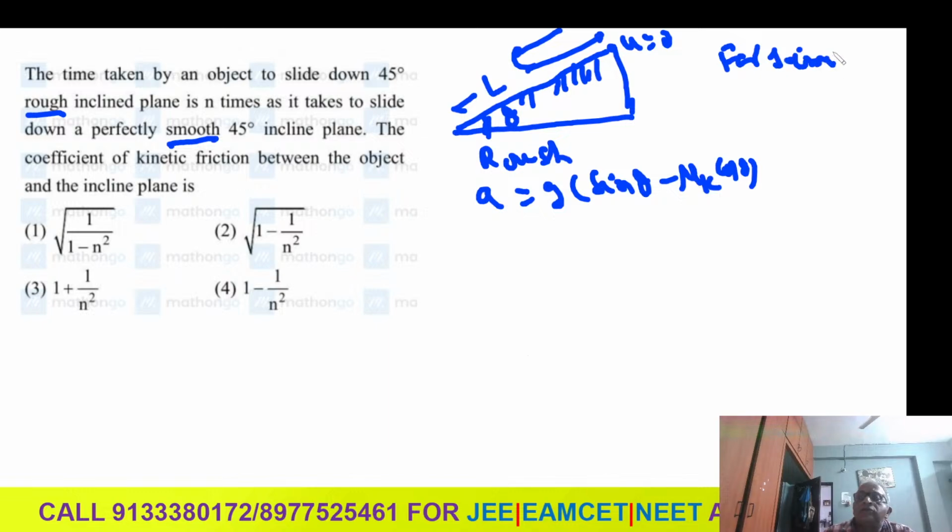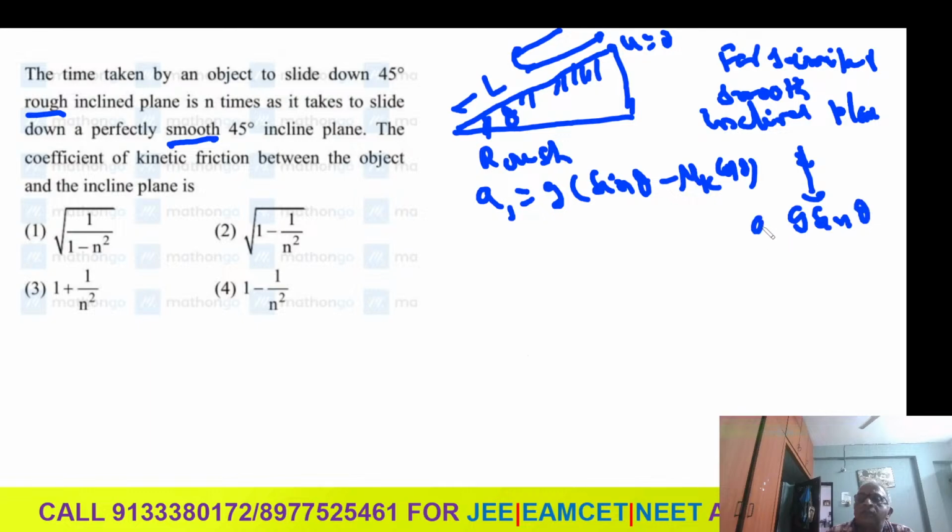For the similar smooth inclined plane, what is the acceleration here? I am writing this as acceleration A1 and this as acceleration A2. Here the acceleration is g sin theta, because friction won't be there.